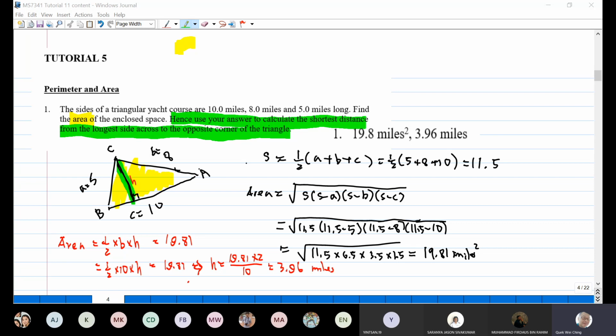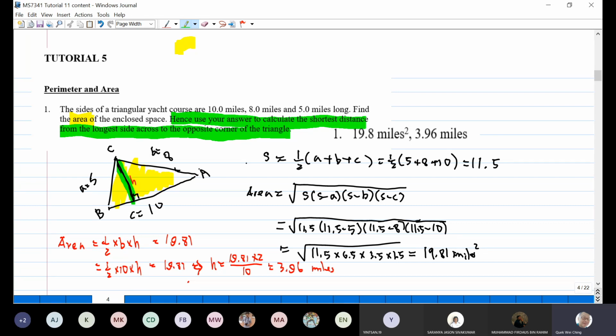This is the DNS, the solution for tutorial 1. So that is question 1, which talks about the triangle and how to find the area of a triangle from 2 different formulas.